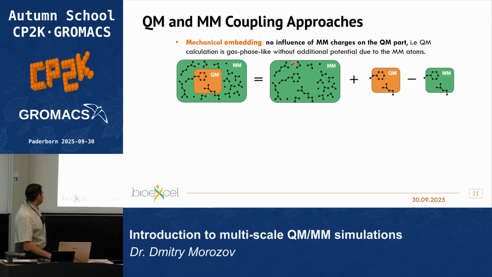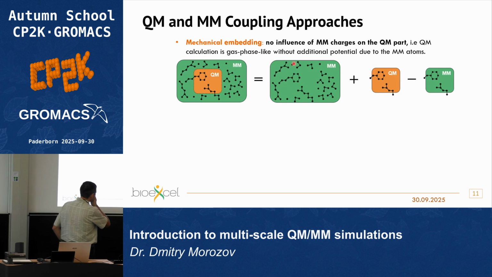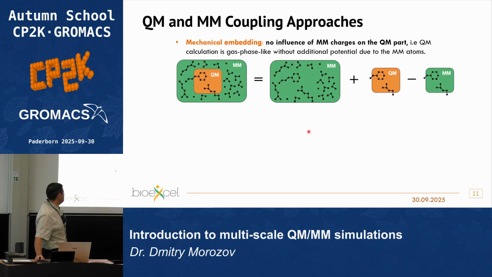So what are the drawbacks of this? The main drawback is that the interaction between the QM and the MM system in that scheme is purely molecular mechanical. So your interaction comes into this term. It means that your QM system, as I said, is calculated in vacuum, so the QM system does not know anything about the MM system around.